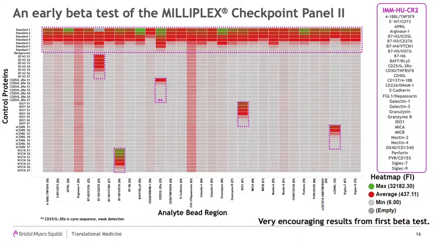As before, in this beta test, we ran a variety of recombinant proteins against the multiplex and see very good overall specificity. We have since begun testing this panel on real-world samples and see similar encouraging data. I believe this panel has now also launched and reagents are commercially available. So we are working to add it to our platform for routine application.